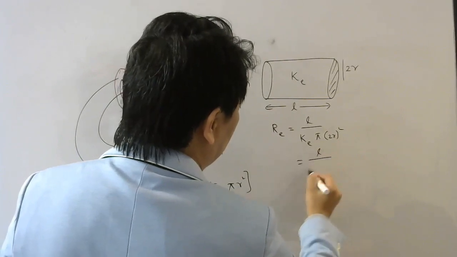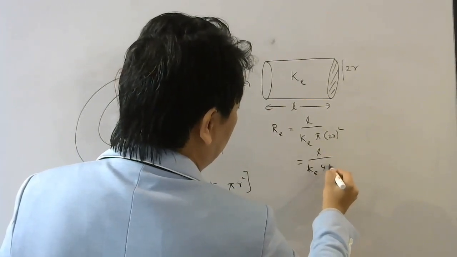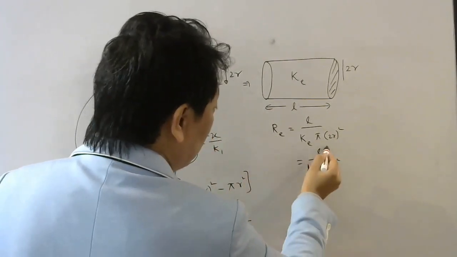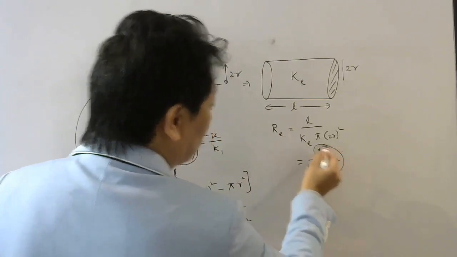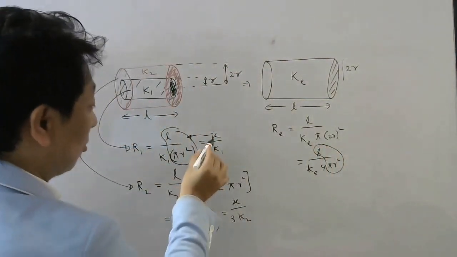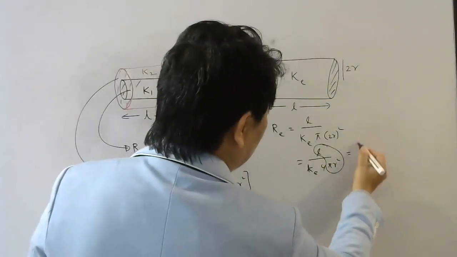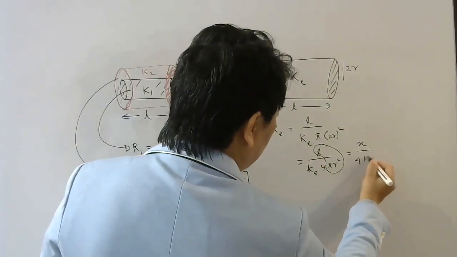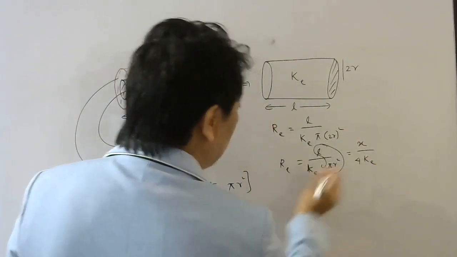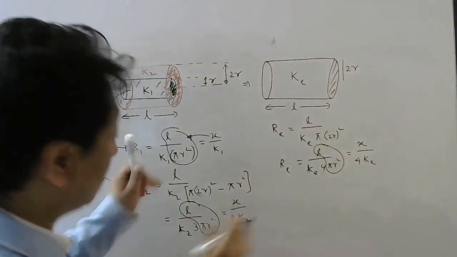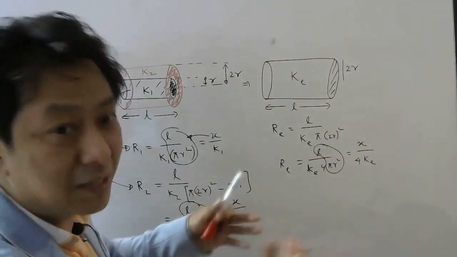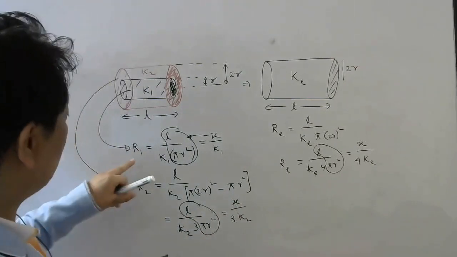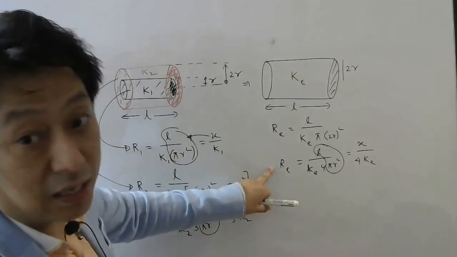That will be L divided by K effective times pi r square. Now here also we got L divided by pi r square, so I can write that also as x. So x divided by K effective times 4. I have done it this way because it helps you to solve the problem in an easier way.